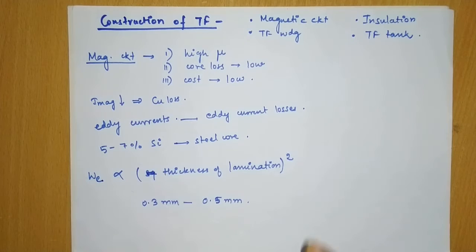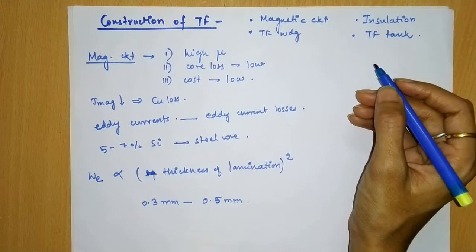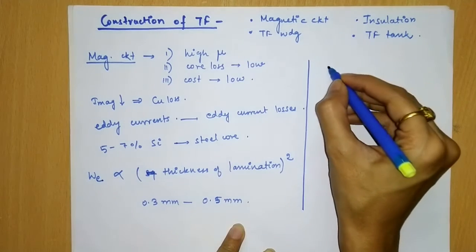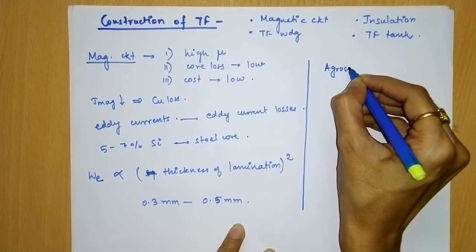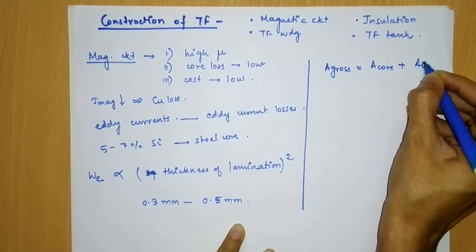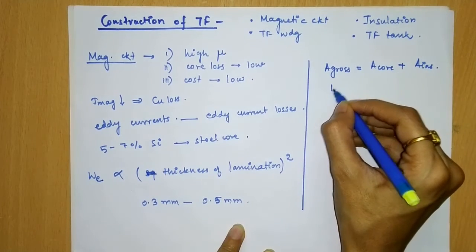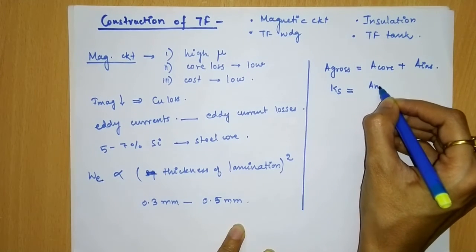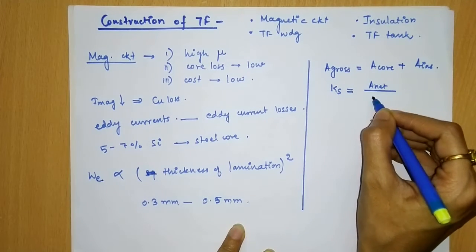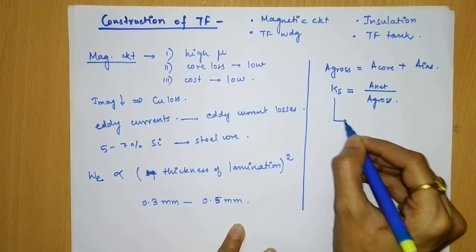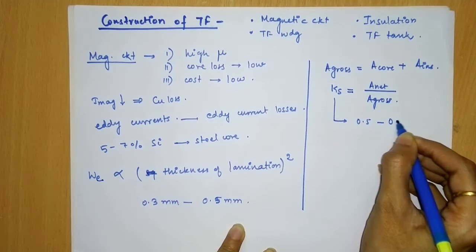Now the relation between the net area of core with respect to gross area is: gross area is equal to core area plus the insulation. So we define stacking factor as the ratio between net area of cross section with respect to the gross area. Practically this stacking factor is around 0.5 to 0.9.